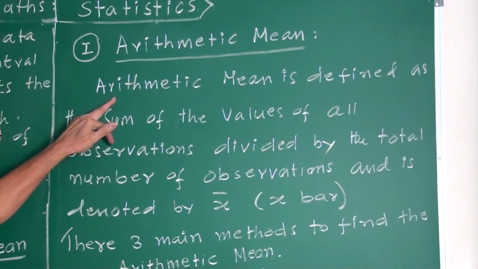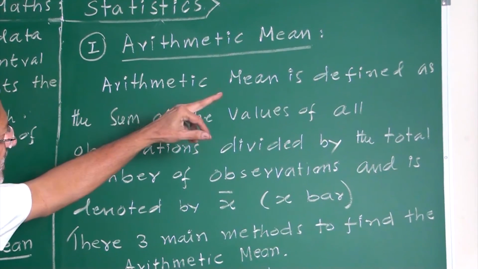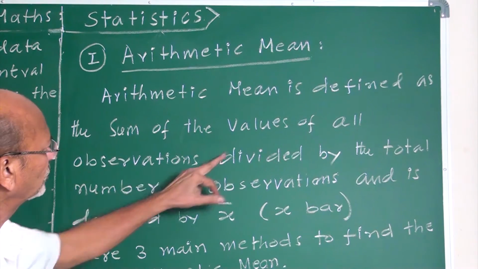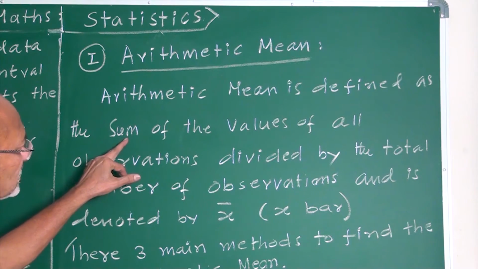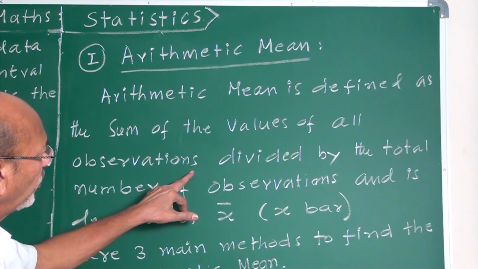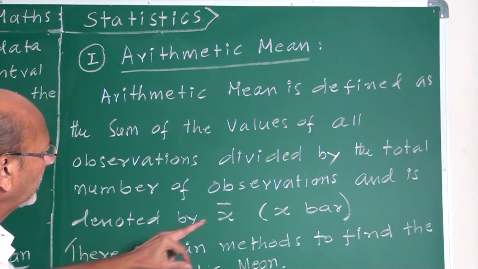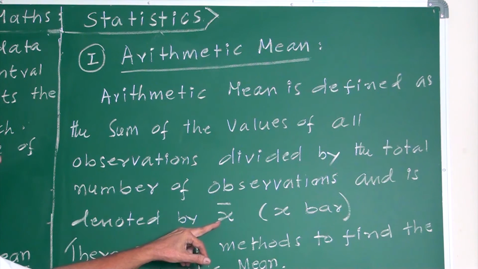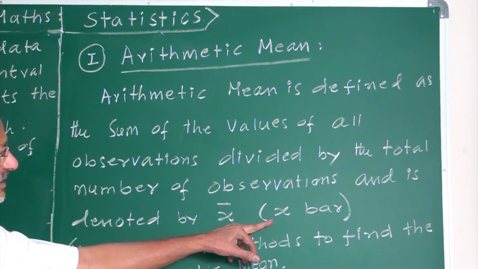Arithmetic mean is defined as the sum of values of all observations divided by the total number of observations, and is denoted by x bar.